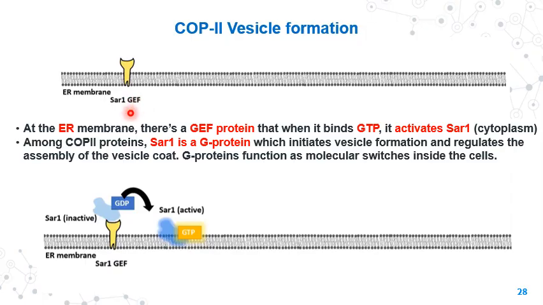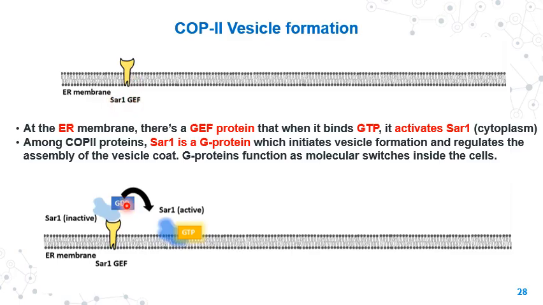Remember that GTP exchange factor? This guy is going to go to the membrane once you want to make vesicles and transport stuff to Golgi. Okay? So your GEF gets in there. The name of your GEF is SAR. Okay, Sar1 GEF. It gets in there.